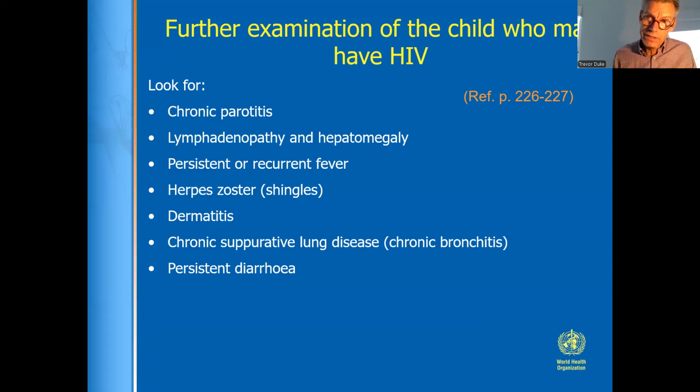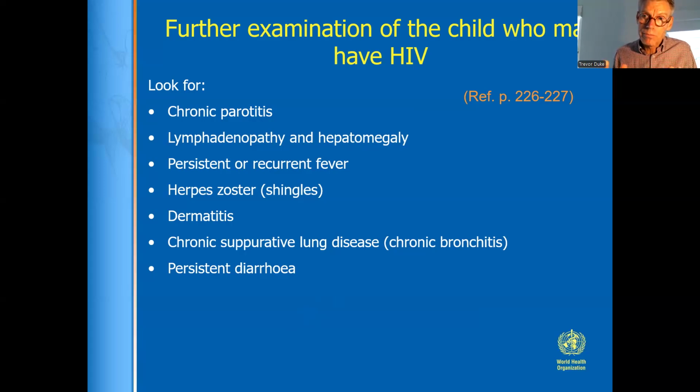These days, with antenatal testing, it's very uncommon to see these severe opportunistic infections. If mothers are tested antenatally and diagnosed with HIV during pregnancy, then usually children can be tested and go through the prevention of mother to child transmission program, and then it avoids getting the clinical features of this immune deficiency.